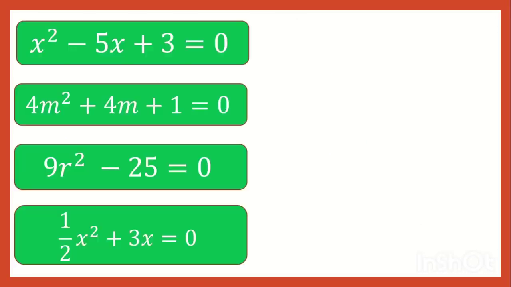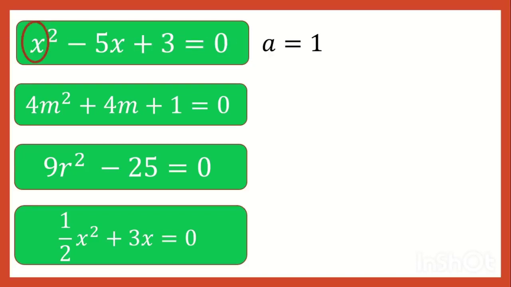Okay, so let's have an example. Let's try to identify a, b, and c given the following quadratic equation. So I have here x squared minus 5x plus 3 is equal to 0. Now, ano nga ba ang a value, b value, and c value of the given quadratic equation?